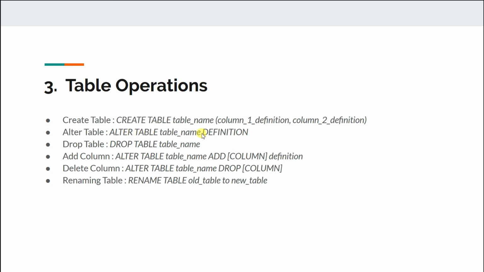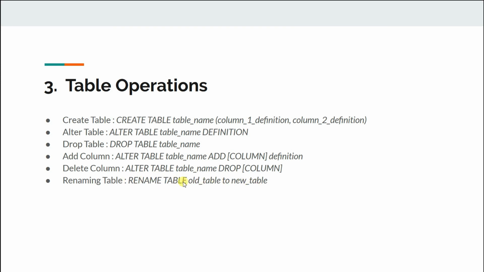And then you write what you want to do with it. You want to add a column, you do add column. You want to modify a column, you do modify a column. You want to delete a column, you do drop column. And you want to rename, you do rename table, old table name to new table name. Okay, so what was the full rename table query, if you guys remember, because it's not written here. It's alter table name, rename to this.